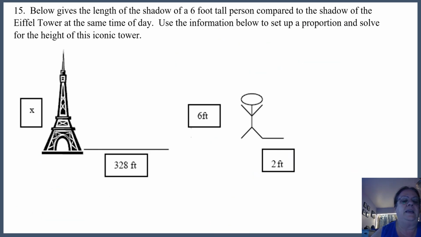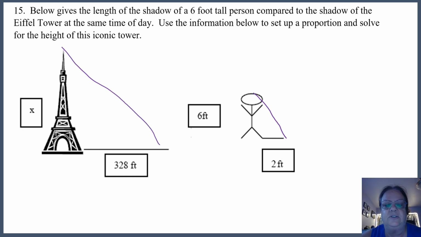Okay, and our last one. The picture below gives the length of a shadow of a 6-foot tall person, right, is 2 feet. And what they're saying is these are similar triangles. They're not to scale, so they don't look like it. All right, we want to know how tall the Eiffel Tower is, whose shadow is 328 feet.